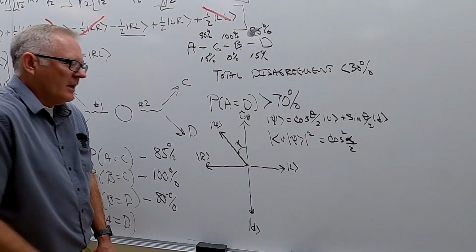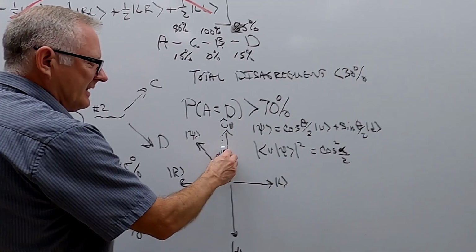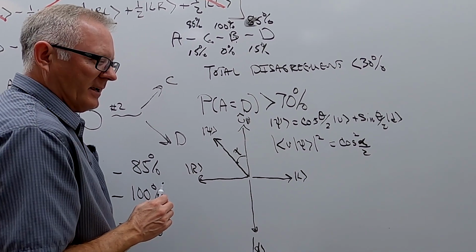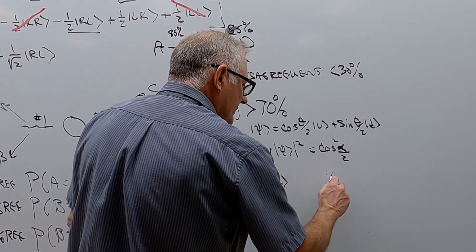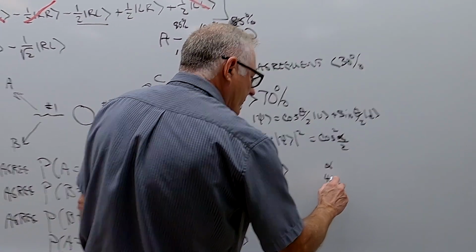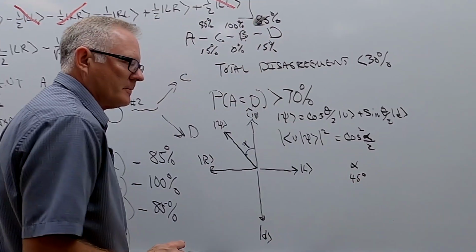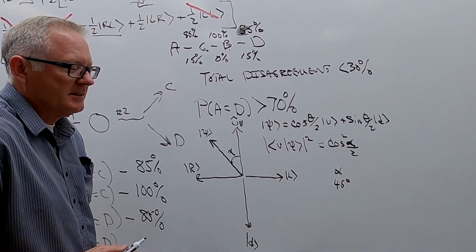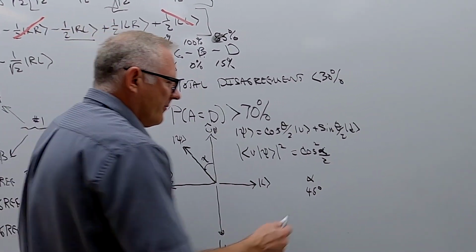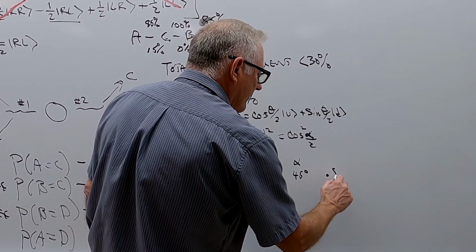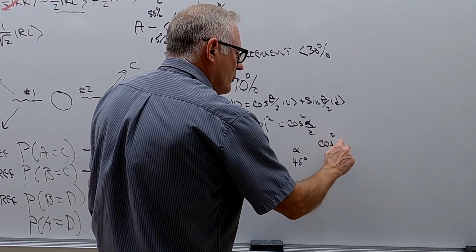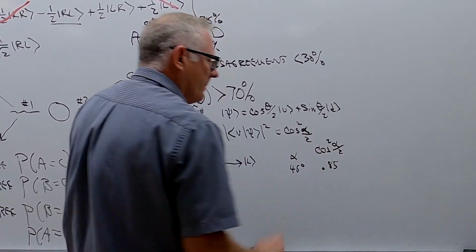Now, if you're off by, let's say, between here and here, 45 degrees. So if alpha is 45 degrees, then you get cosine squared of 45 degrees. Cosine squared of 45 is 0.85. So I'm making a column of cosine squared of alpha over 2.